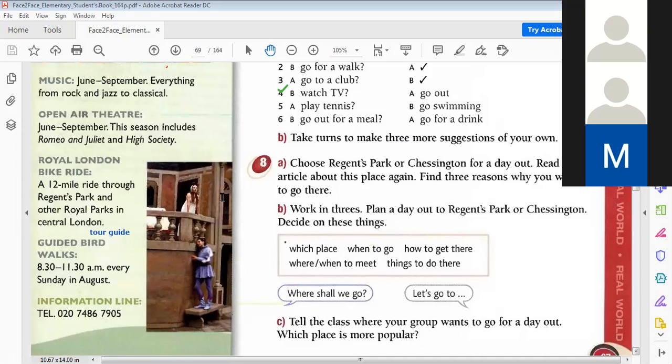A tour guide is a man or a woman who knows about the place and can give you information. They can say, oh, this building was built in 1920 and it was owned by so and so. And here we have the remains of World War II. You can see some tanks and 5,000 people died here. They give you information about the place. This is a tour guide.